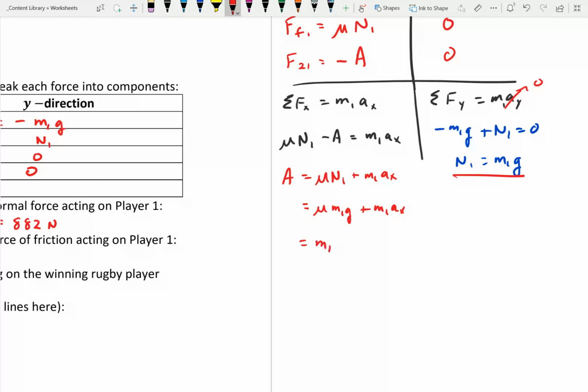Factor out the m1, and that's my equation for the force between the two. M1 is 90 kilograms.